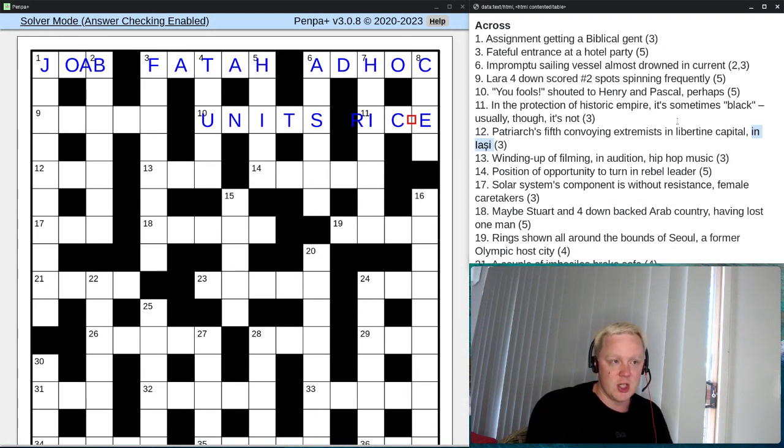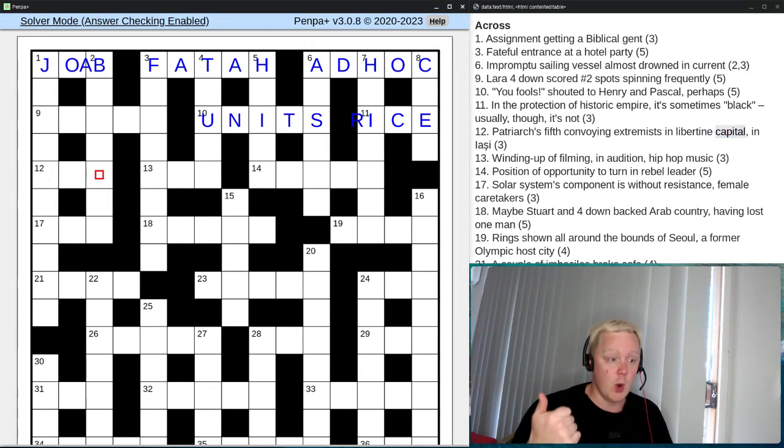But capital in Yashi, capital, you own capital, you own money. So money in Yashi would be the currency of Romania. Now, the currency is the Romanian leu, LEU, which would fit here. That's 3 letters, LEU, and that's one leu, and then the plural is lei, LEI. Both would work here. So let's see what the wordplay gives then.